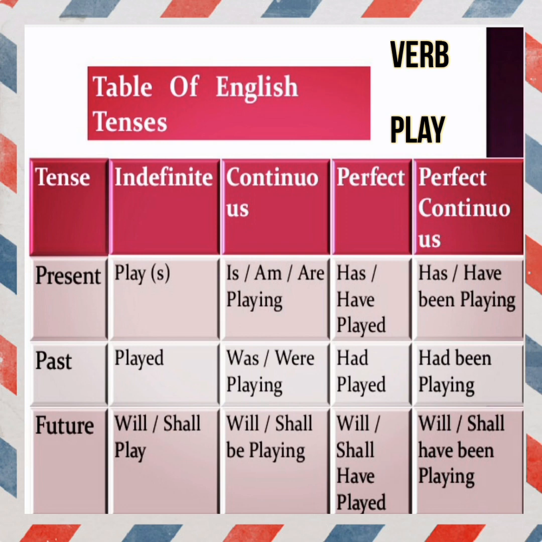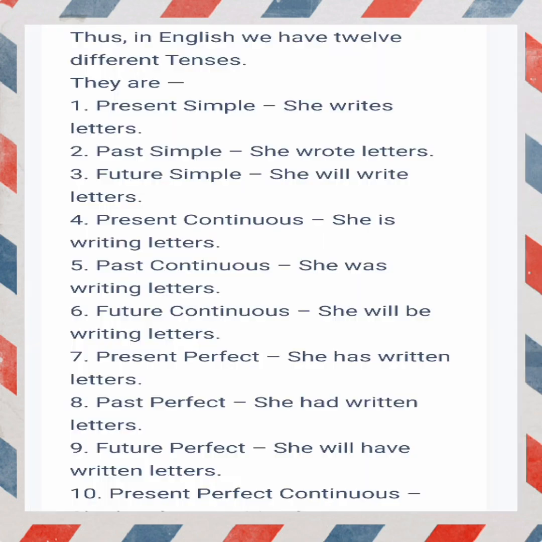Then simple future: will or shall plus "play," that is, the present tense verb only we have to use here. Next, future continuous: will or shall be playing. Future perfect: will or shall have plus the v3 form. Next, future perfect continuous: will or shall have been playing.